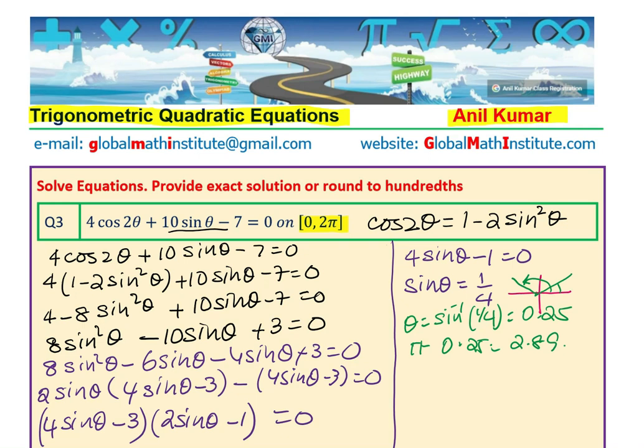So sine theta equals 1 by 4 gives us two possible solutions, which are, as you can see, 0.25 and 2.89. The other two solutions we are going to get from the second factor, which is 2 sine theta minus 1.